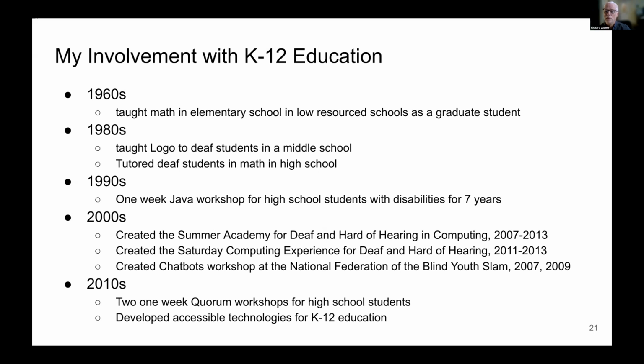And we did some development with blind youth at the Blind Youth Slam, where we did some programming to develop chatbots, which are more accessible. They talk. And most recently, I did 2 workshops with the Quorum language for high school students and developed some accessible technologies for K through 12 education. So I've been involved with K through 12 education my entire career.